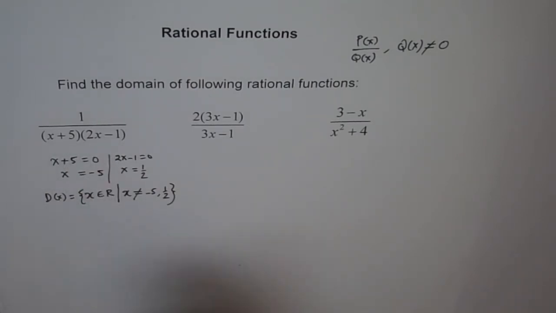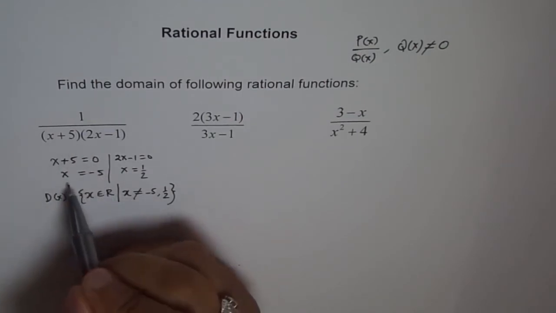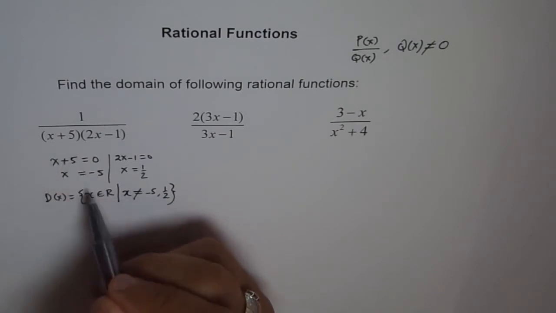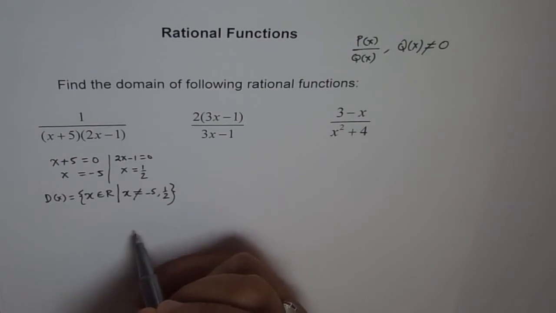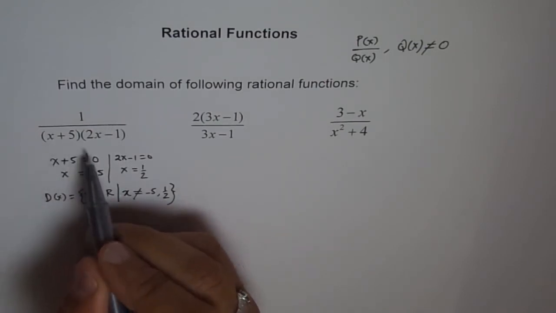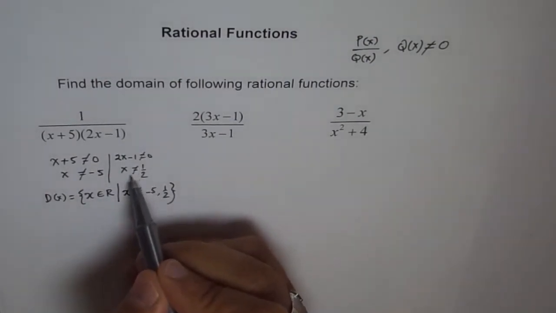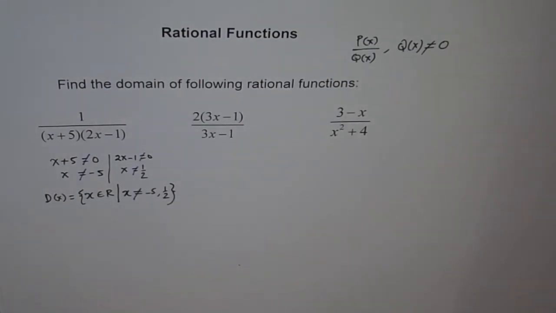So x equals minus 5 will make this factor 0, which is not allowed. Or we can start with the denominator cannot be 0, and write it like this also, and say x is not equal to half, and we get the domain. It's up to you how you see it.